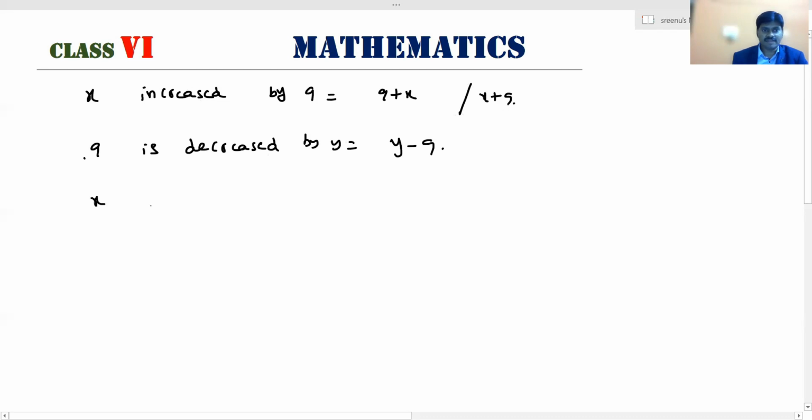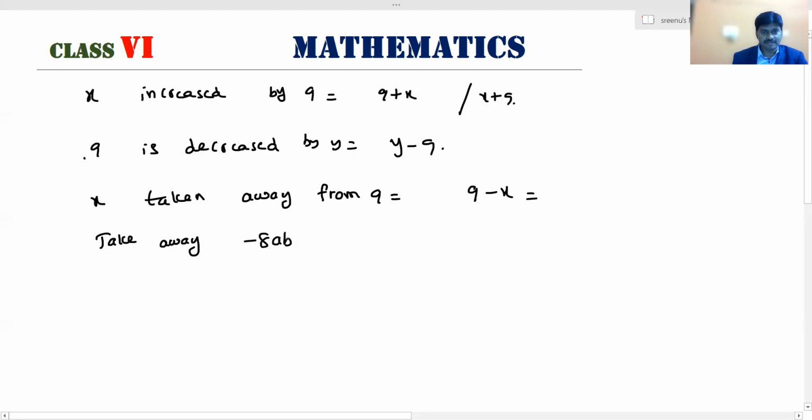Next, x taken away from 9. So x we're removing means minus x, 9 minus x, that's it. And next one, take away minus 8ABC from minus 7ABC.